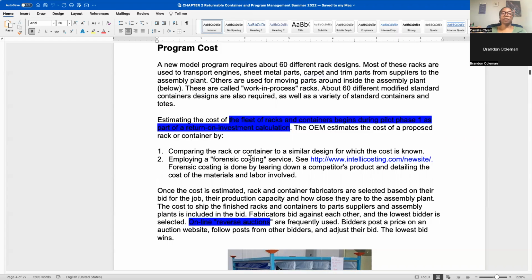This program is going to have twice as many. So we can automatically double the number of packages, because it's going to use twice as many, but also you can look at, has the pricing changed for this packaging?